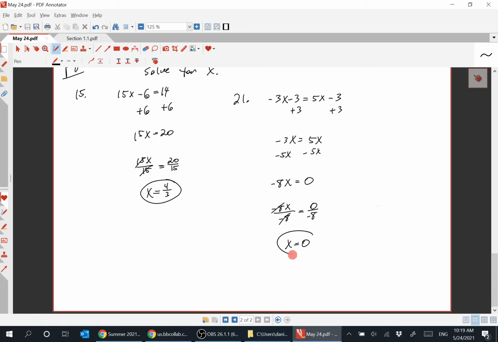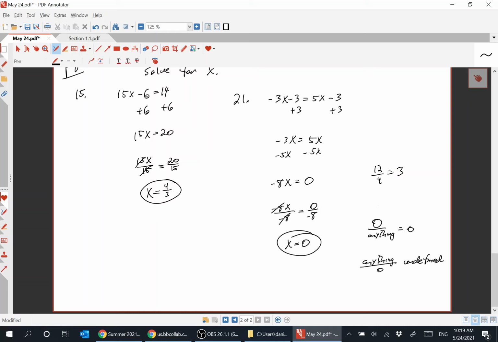The thing about 0 and division is you can't divide by 0. So 0 over anything is 0. Anything over 0 is undefined. I mean, why is 12 over 4 equal to 3?